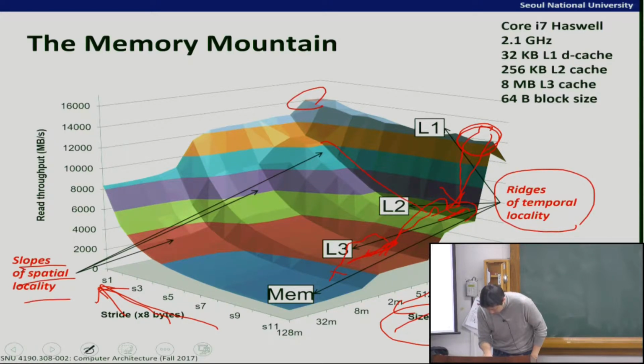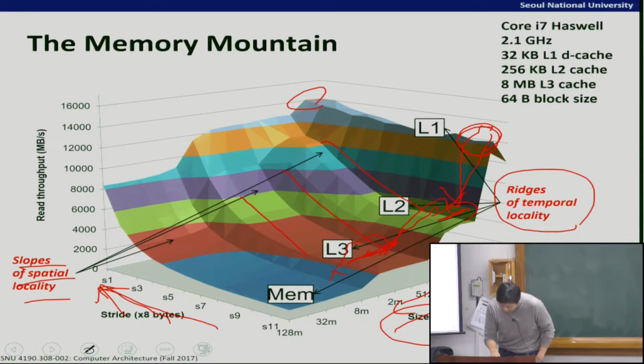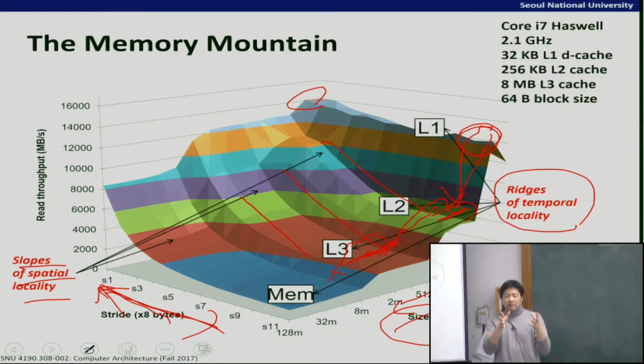If you see a pattern like this, what it shows is that if you increase the stride, then the distance between two adjacent memory accesses will increase. So once you fetch an entire block, there are only a few hits if you have a wider gap between two adjacent memory accesses.